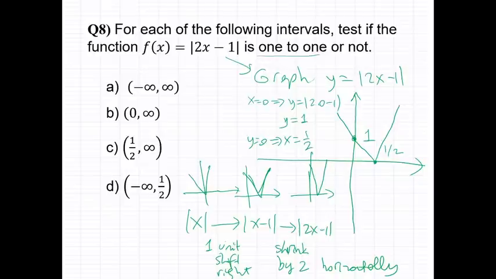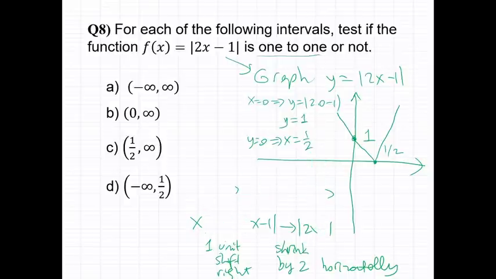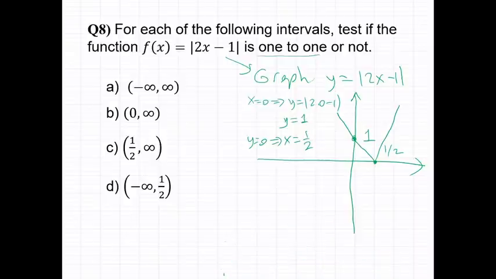Now you have to check. This is what we did for the graphing. After you graph it, then it's easy to tell on which interval it's one-to-one or not. Now it says from -1 to infinity. So on this interval, it's definitely not one-to-one, because of the horizontal line test.